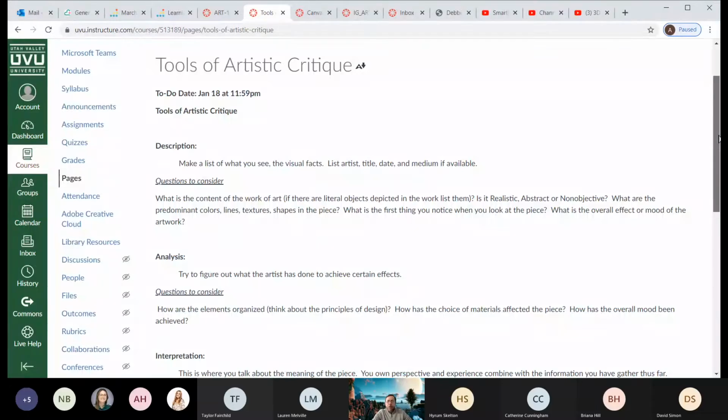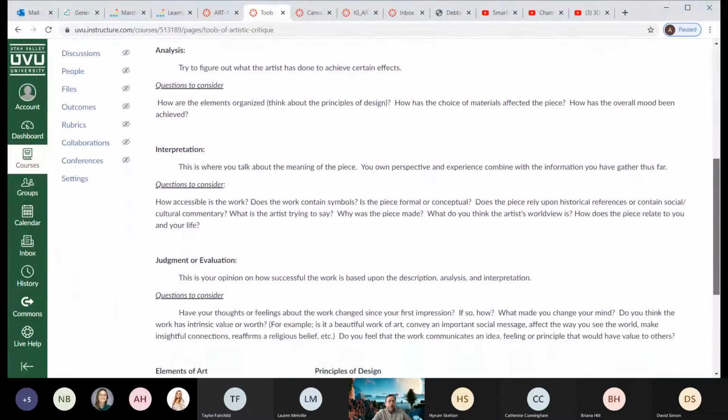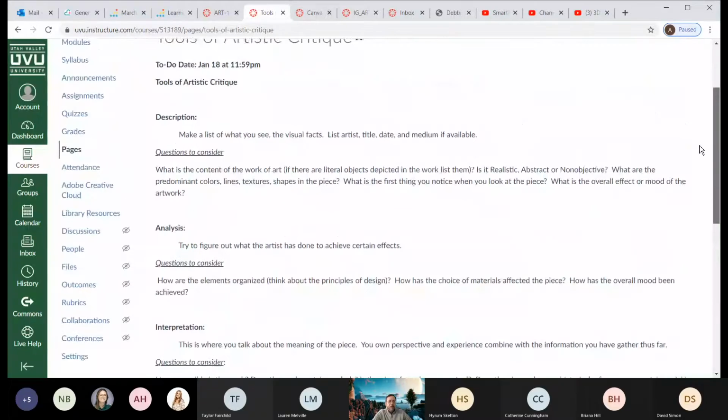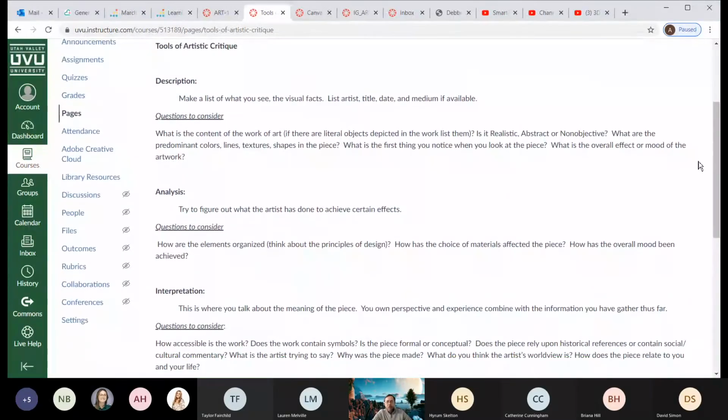Does everybody remember the 4 steps for the tools of artistic critique? Here's the first one. Feel free to holler them out. There's 4 of them altogether.